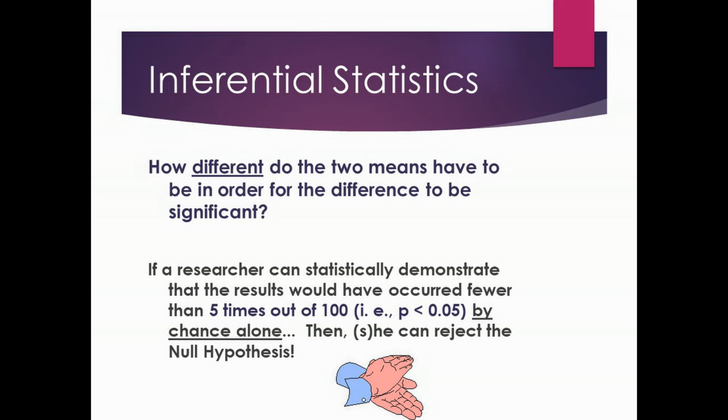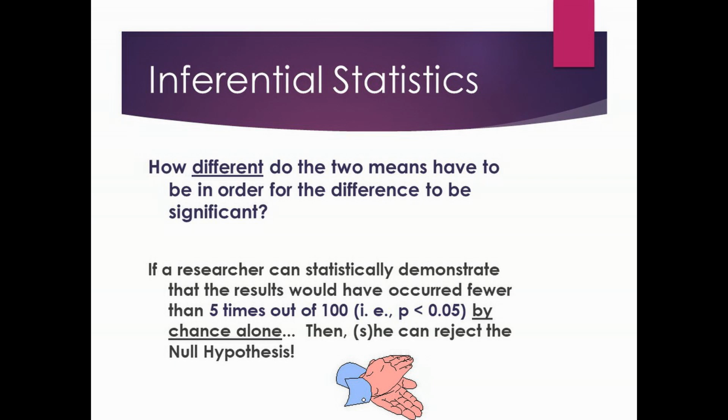Just how different do the two means have to be in order for the difference to be described as significant? Basically, if a researcher can statistically demonstrate that the results would have occurred fewer than 5 times out of 100 by chance alone, then the null hypothesis can be rejected.